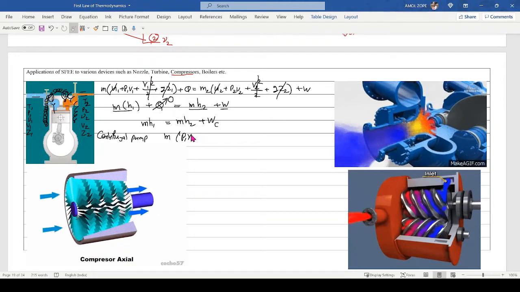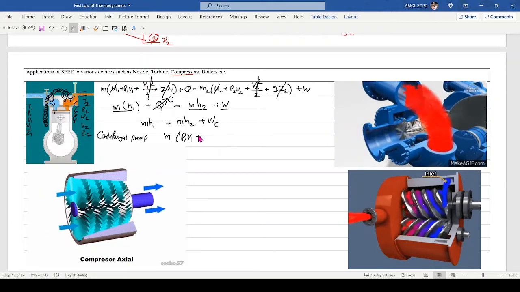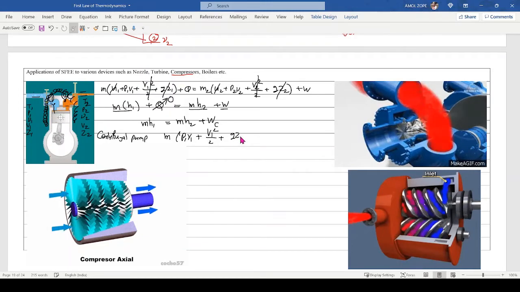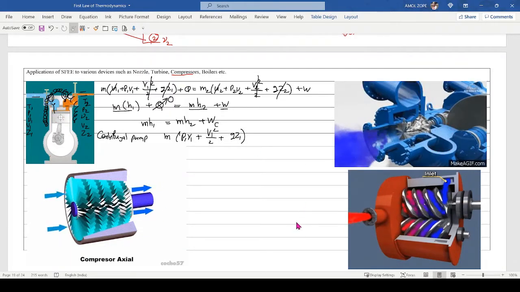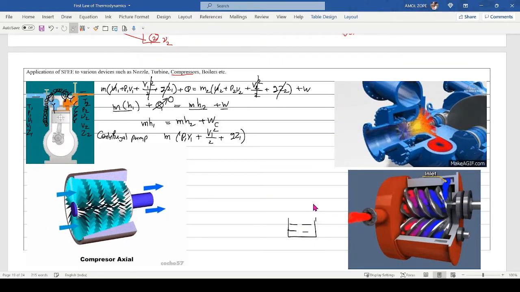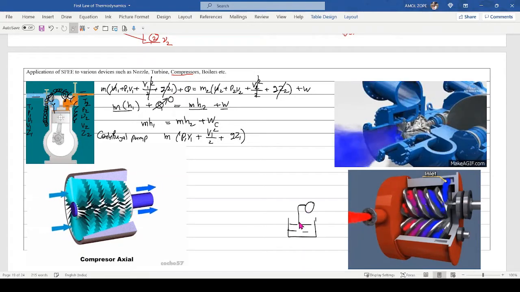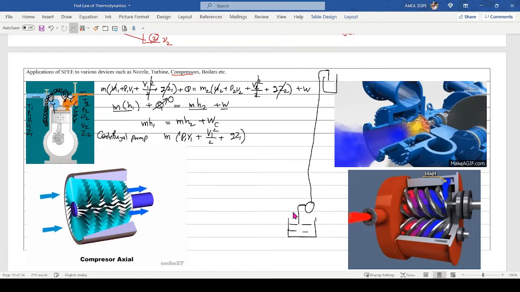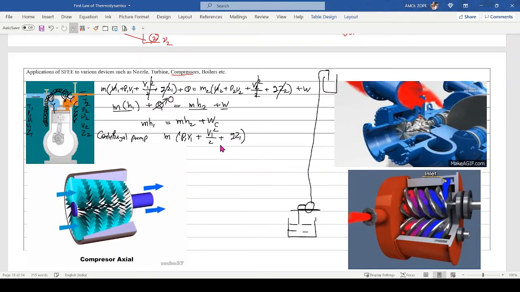Now depending upon your application, if the velocities cannot be neglected, then write down v1 square by 2, then gz1, something like this. So here there is an underground water tank. Here there is a pump, and the pump is pumping the water to an overhead tank. So the potential energy changes cannot be neglected.